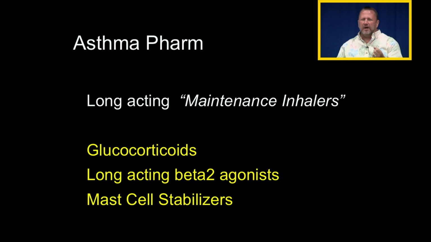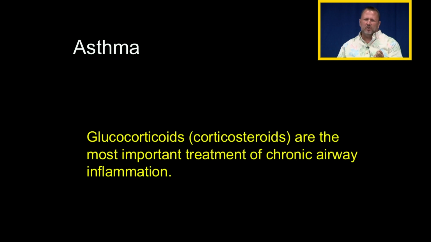So let's talk about the long-acting maintenance inhalers, and we'll start with the glucocorticoids. Glucocorticoids are the most important treatment of chronic airway inflammation. Remember, this is an inflammatory disease, and so for years we'd give them an albuterol inhaler because it made them feel better and opened their lung airways, but it never treated the inflammation. And somewhere 30 years ago, we realized that asthmatics were dying sooner because we weren't doing anything about the inflammation.